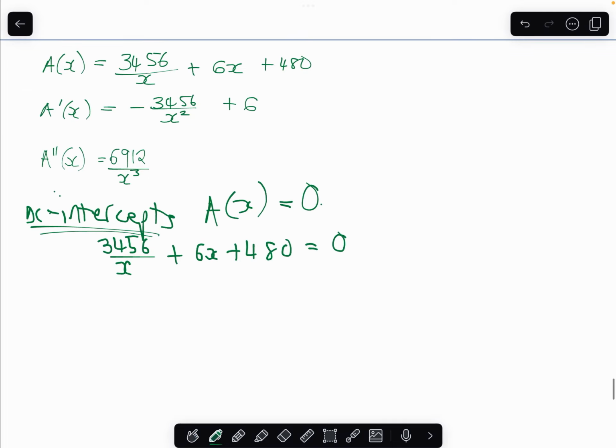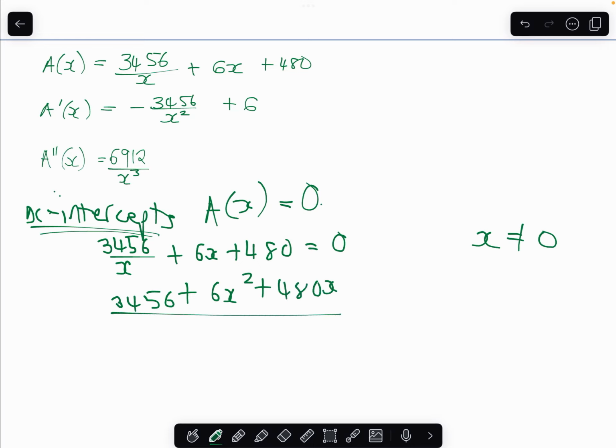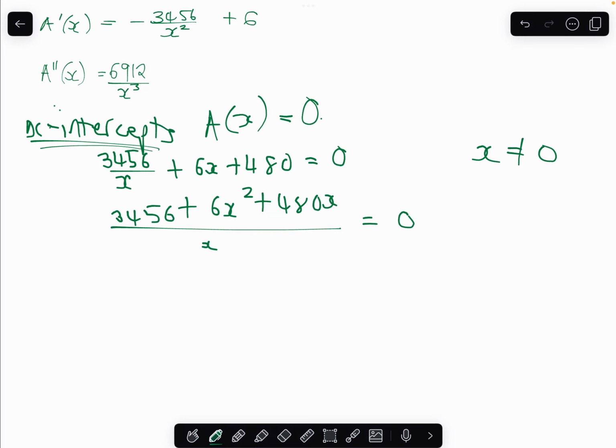The restriction is that x can't be equal to 0. So let's put everything over x. The only way that this can be true is if the top is equal to 0.